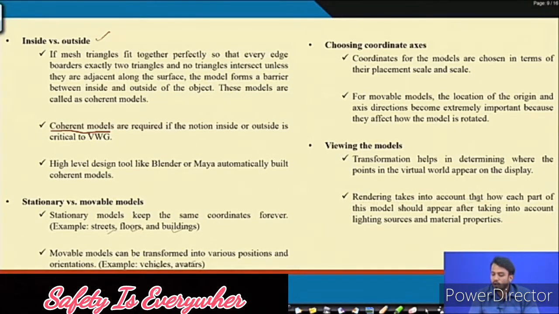Rendering takes into account how each part of the model should appear after taking into account lighting sources and material properties. That means after giving lighting and material properties to a particular object, how it looks in the display medium. That is the concept of rendering.